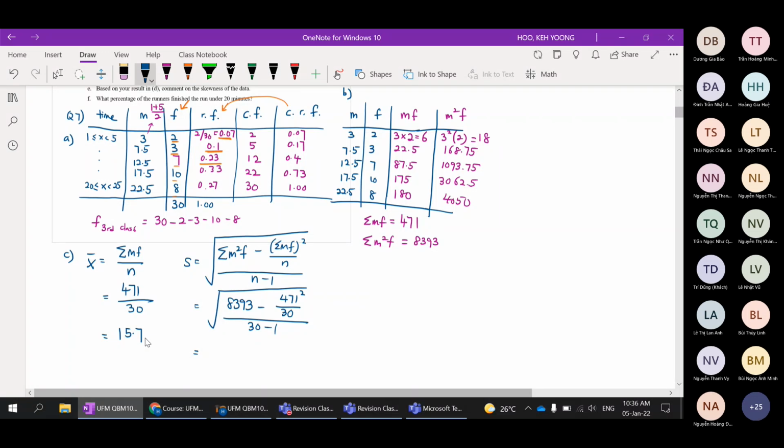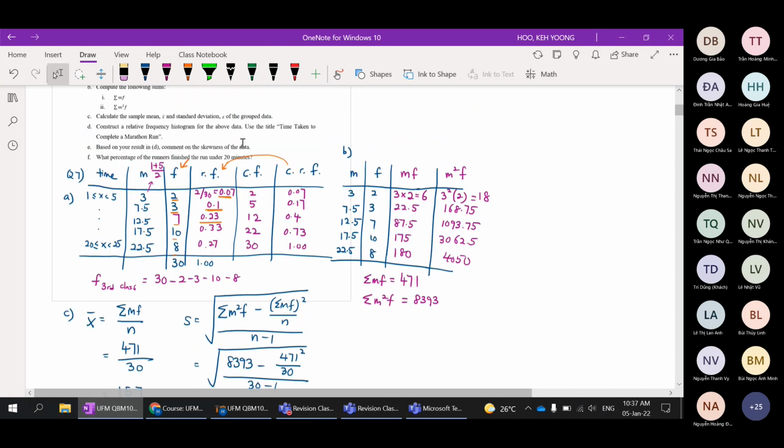So if you got a negative value, that means your workings are wrong. The standard deviation I got is 5.87. You guys double check your answers. Any questions?